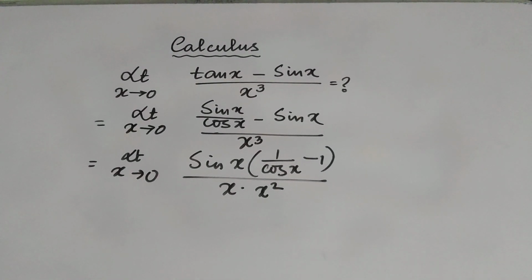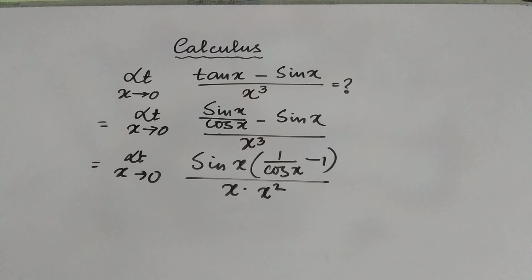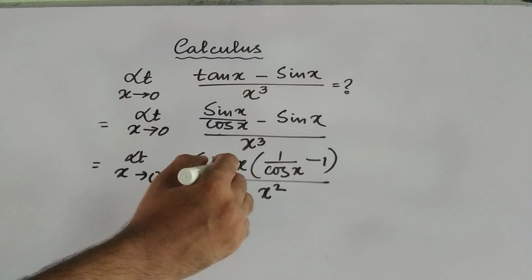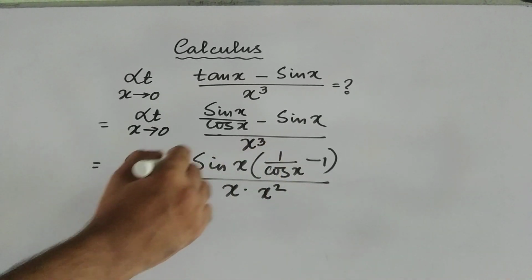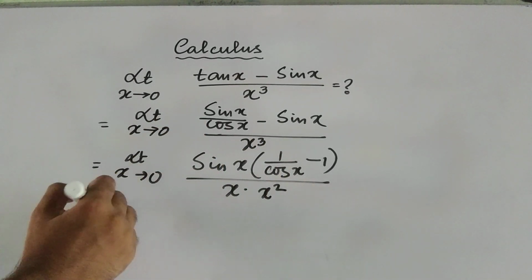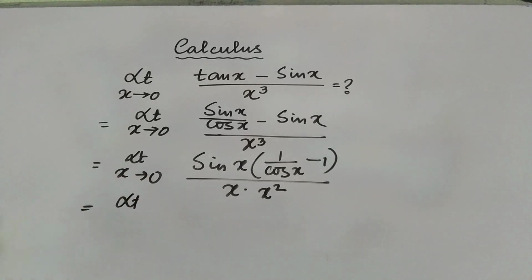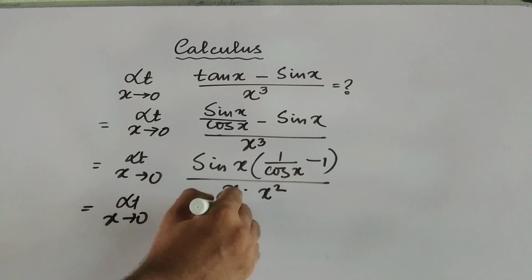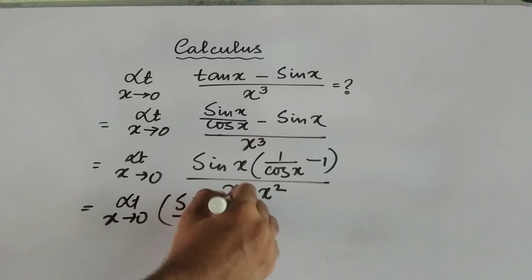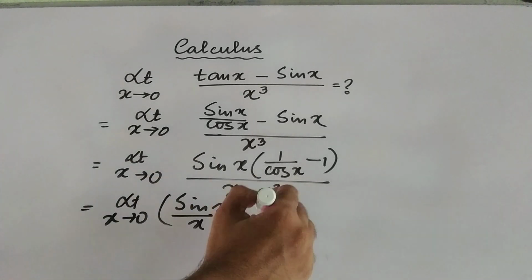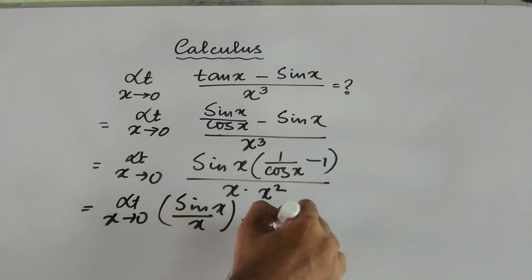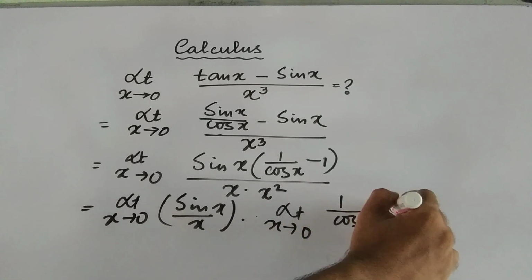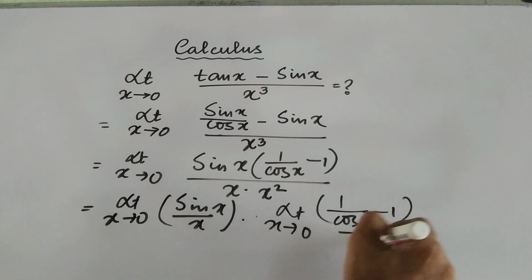From the basic formulas of limit, we know that if two functions are there and their product is under the limiting expression, then I can write it as limit x tends to 0 sin x by x, separating it out into two different functions, into limit x tends to 0 (1 by cos x minus 1) divided by x square.